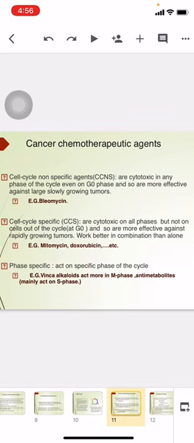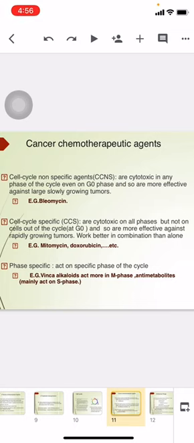So, when classifying the mechanisms of action of cancer chemotherapeutic agents, it was found that certain chemotherapeutic agents act only in certain phases of the cell cycle, and they are called phase-specific agents, like vinca alkaloids, which act commonly on the M phase, or antimetabolite agents.